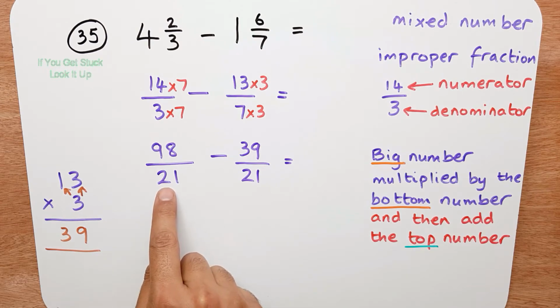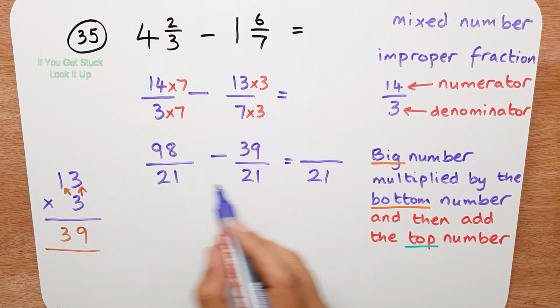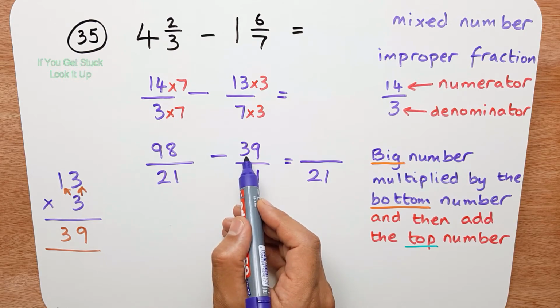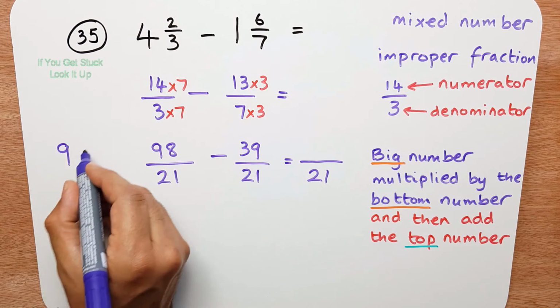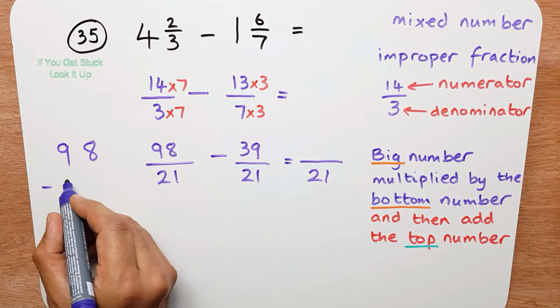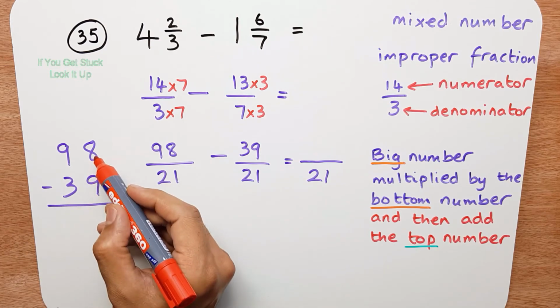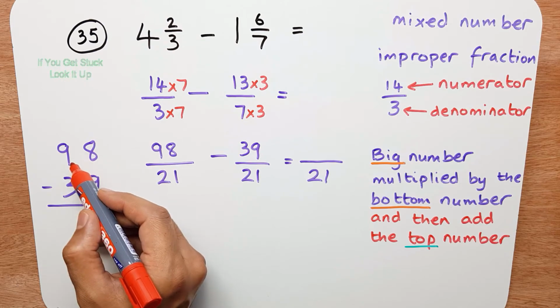And this is easy because the denominators are the same. So I put my fraction line and I put 21 at the bottom. And I simply do 98 take away 39. So let me do column subtraction here. 98 take away 39. 8 take away 9 I can't do, so I have to go to my neighbour and borrow 1.